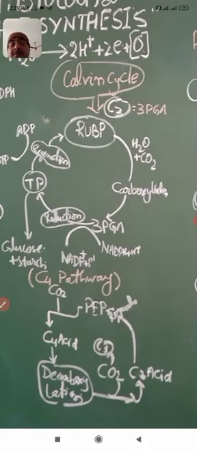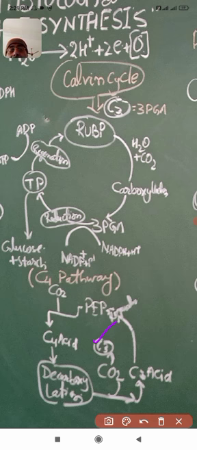Decarboxylation means formation of carbon dioxide that will be utilized in the C3 cycle, and formation of C3 acid that will be further transported to the mesophyll cells, where the synthesis of PEP is done, and this PEP is the carbon dioxide fixation. This carbon dioxide gets fixed by PEP. So this is the C4 pathway.